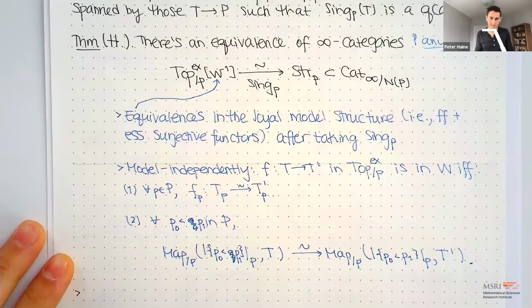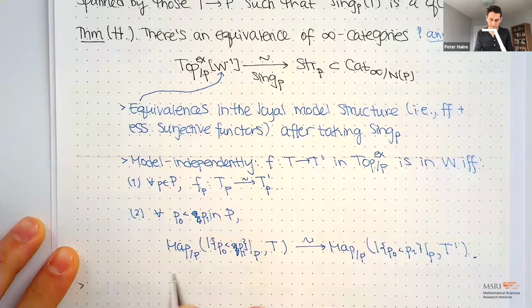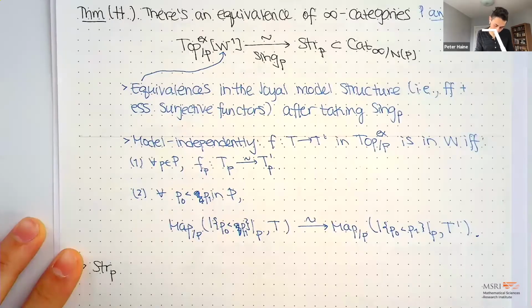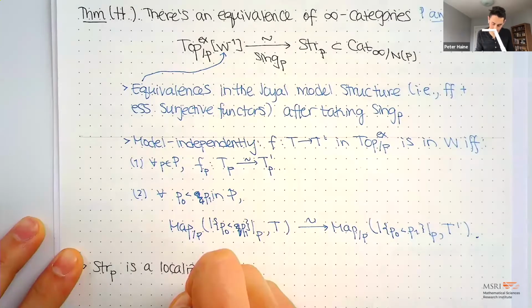this infinity category, this purely categorical thing, is a localization of the bigger guy of all topological spaces over P at a class of weak equivalences.